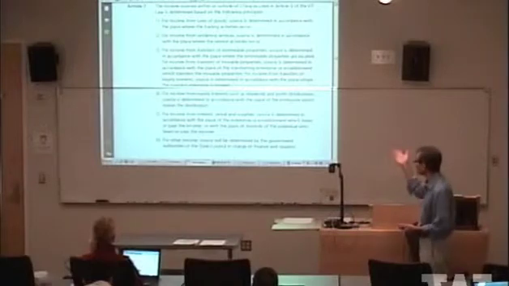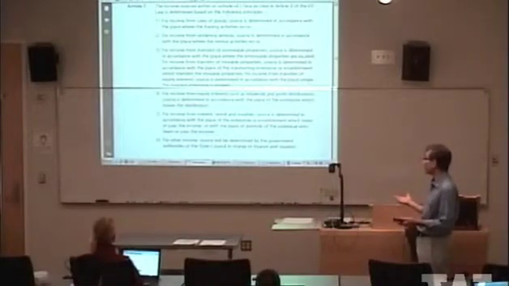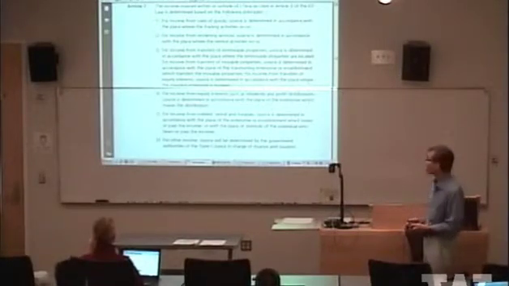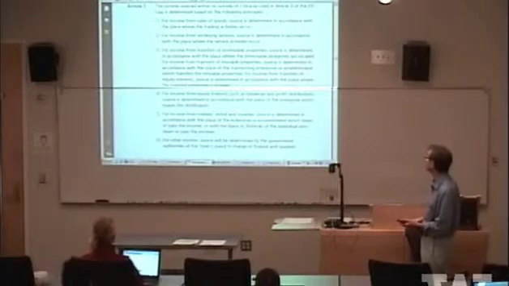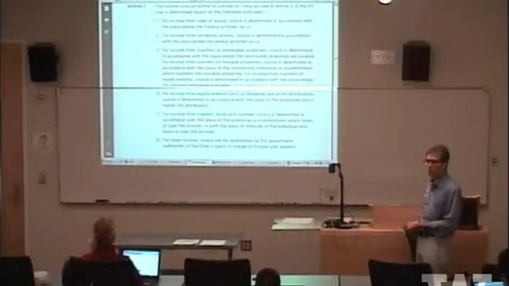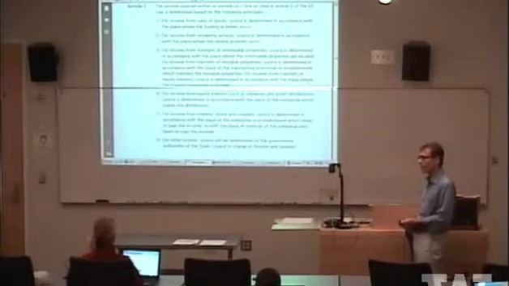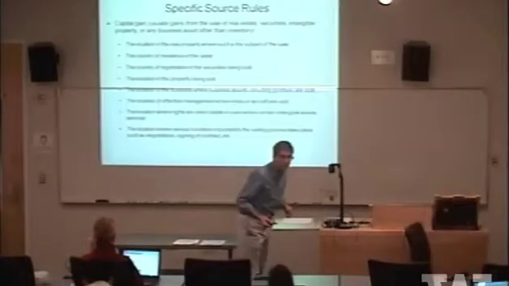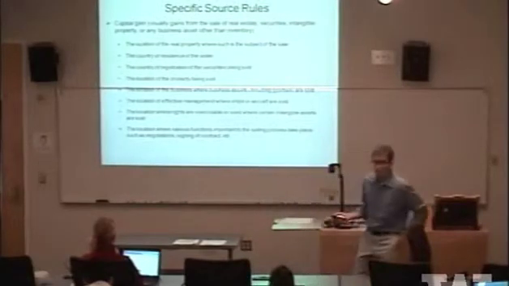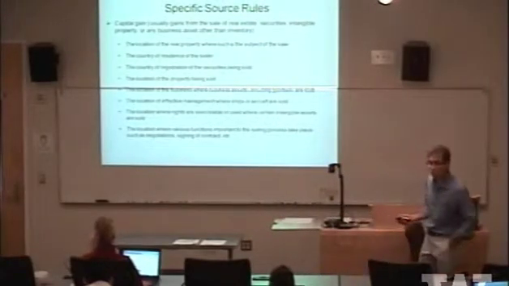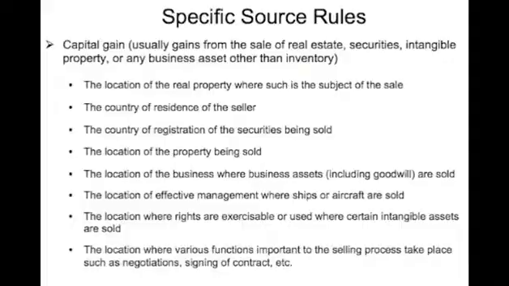You can see that there's some similarities, some differences from the U.S. rules. The place where the trading activity occurs. No mention of where title passes. In other words, where are the goods physically when title passes? Nothing about that. I'll just put each slide up for a couple of seconds so you can scan quickly.